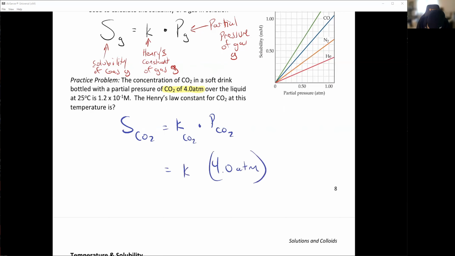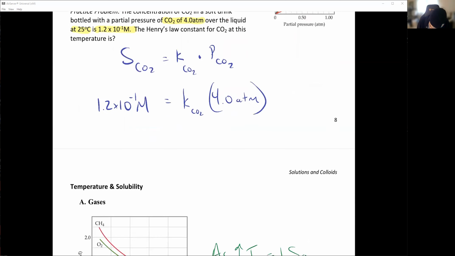I know that we're looking for k of CO2 over the liquid at 25 degrees Celsius. Okay, so we have a temperature associated with it. I don't think we need that, as 1.2. So that's the solubility of 1.2 times 10 to the minus 1 molar. Henry's law constant: k of CO2 is equal to 1.2 times 10 to the minus 1.